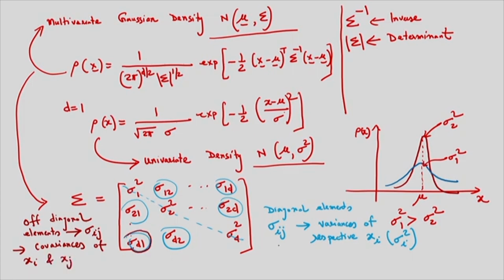And suppose I consider sigma ij is equal to 0. What is the meaning of this? If sigma ij is equal to 0, then xi and xj are statistically independent.